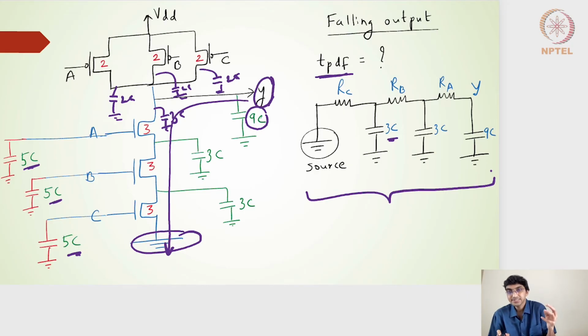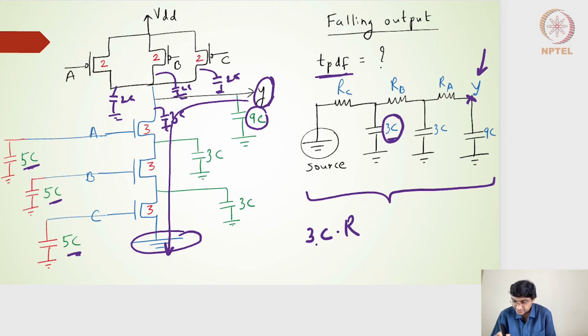The three RC stages are cascaded together, and here we should be able to apply the Elmore delay method to find out the overall propagation delay falling for the Y output. So my node of interest is Y, and each of these capacitances has to be accommodated. So I'm going to write the 3C capacitances, and I have to find an equivalent capacitance seen for this 3C.